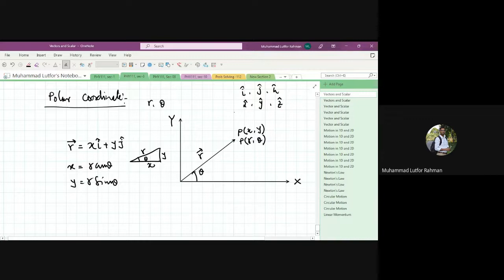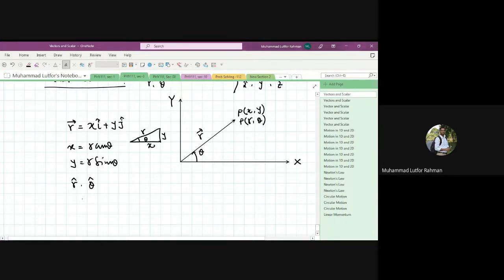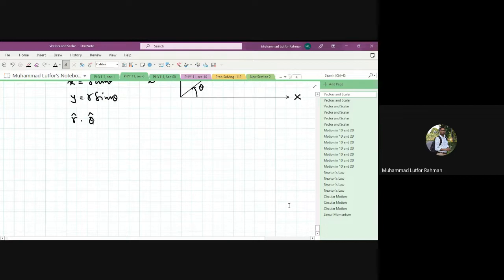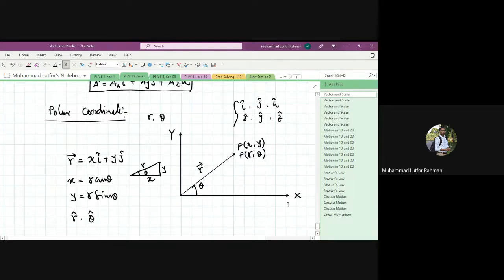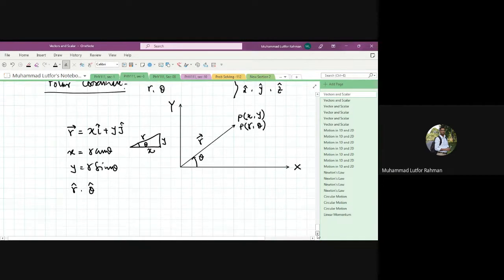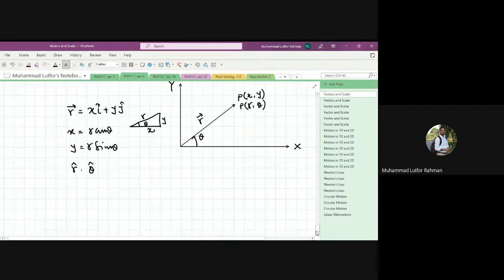Using that analogy, the unit vectors in the polar coordinate system would be r hat and theta hat. We know the magnitude of i, j, k, the unit vectors, defined in the Cartesian coordinate system in that way. But what will be the values of r hat and theta hat in the polar coordinate system? That we have to find out.